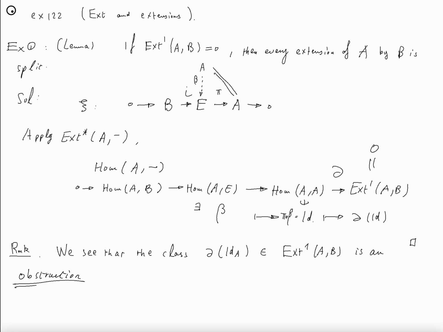This is a word a little weak, but it's very commonly used: obstruction. Its meaning is literally that it stops something, right? It's the obstruction to this equivalence class C being split.